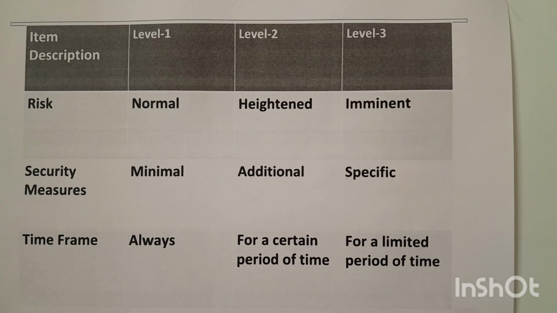When there is an imminent threat, you go to security level 3, and when the threat is over, you come back to normal. Remember, if you try to remain in level 3 all the time, people become lethargic. They will not value it. If it is for a shorter time, it can give more value. People give more value to level 3 and respond immediately if it is for a limited time.